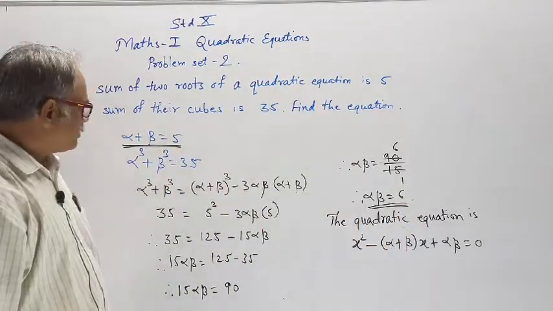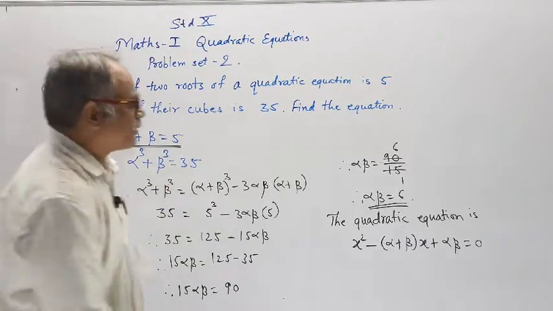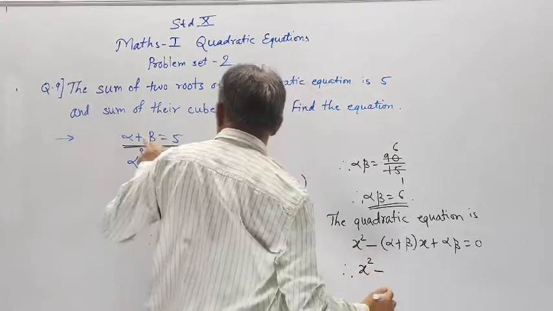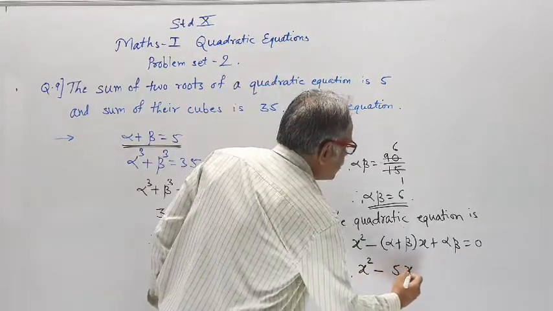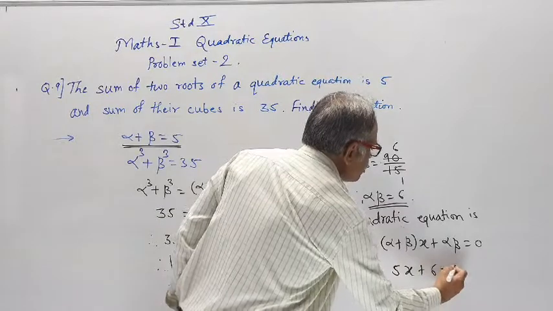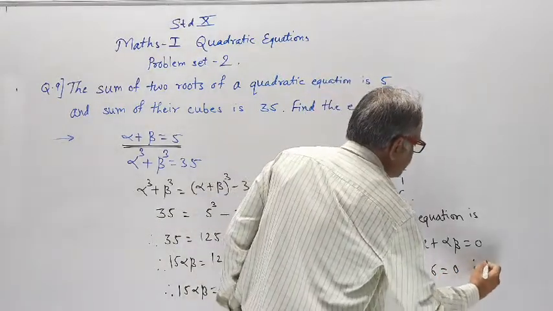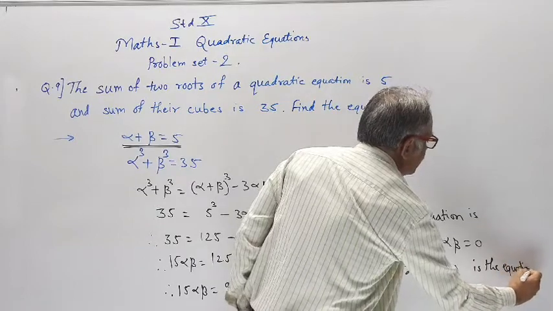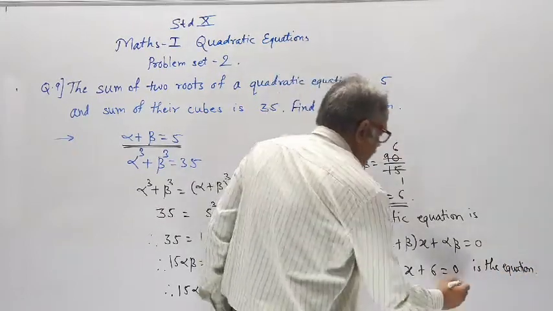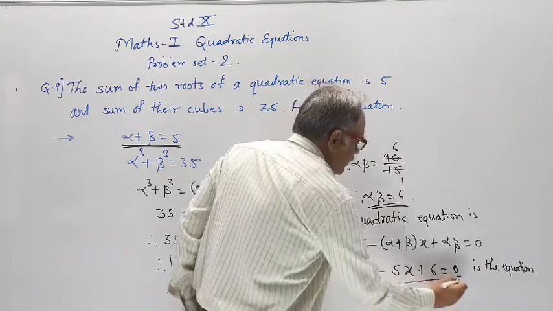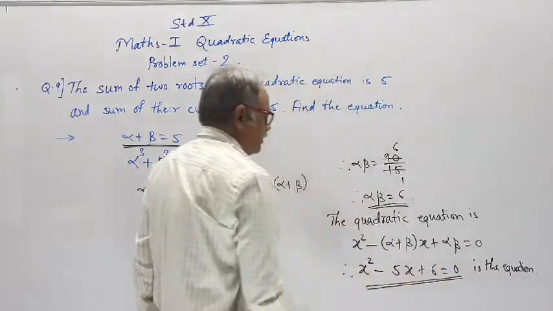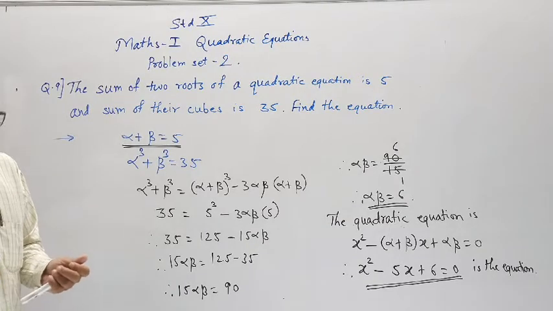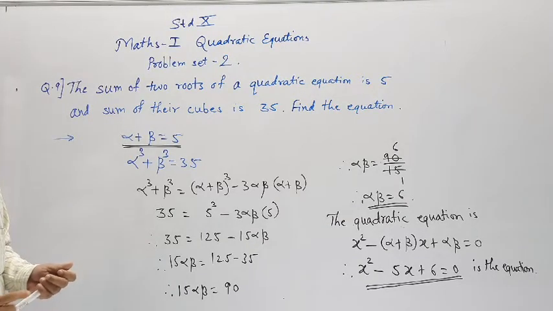So we have to substitute these two values to get the required equation. x square minus 5x plus 6 equal to 0 is the equation. Neatly observe it and write it. First, listen carefully to what is done, then write it stepwise.